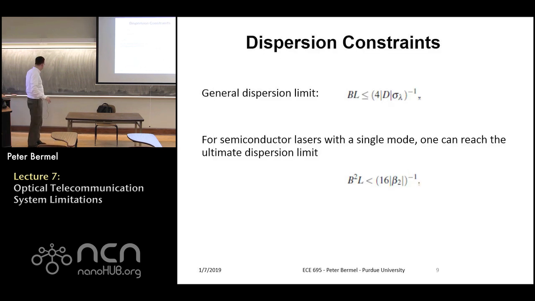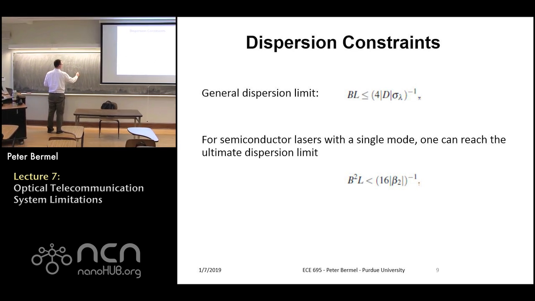So then let me write this down: B delta t less than 1, and then you set delta t equal to dispersion times length times the wavelength spacing delta lambda. Okay. And then you plug in the values. Then you get that B is less than 1 over delta t, which is 1 over D L delta lambda.